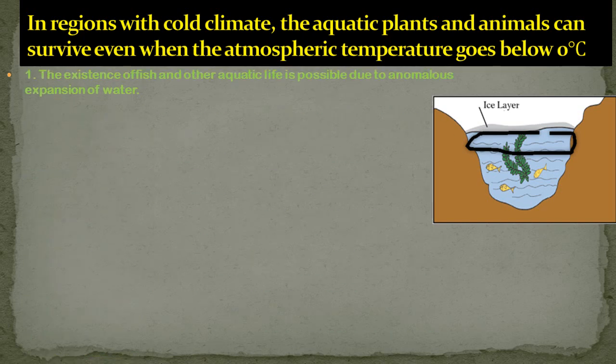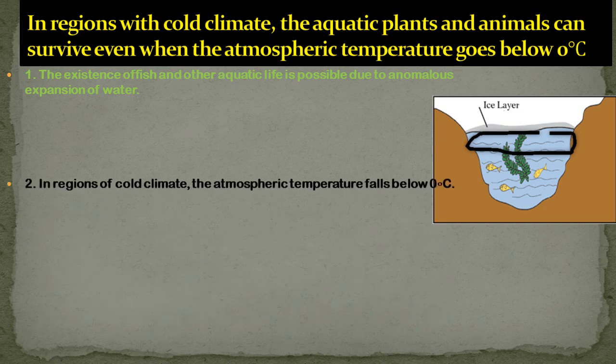The existence of fish and other aquatic life is possible due to the anomalous expansion of water. Just now we have seen in our previous slide that from 0 degrees Celsius to 4 degrees Celsius water shows abnormal property, that means instead of expanding it is contracting.